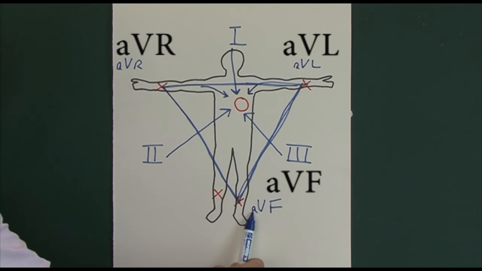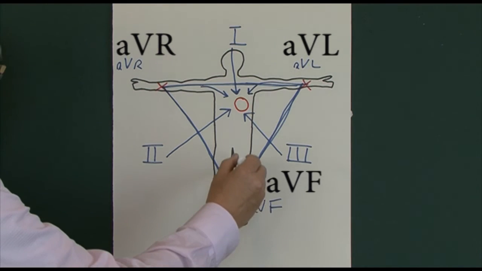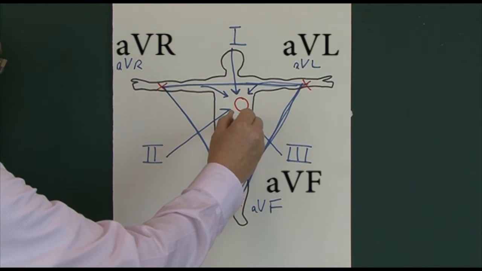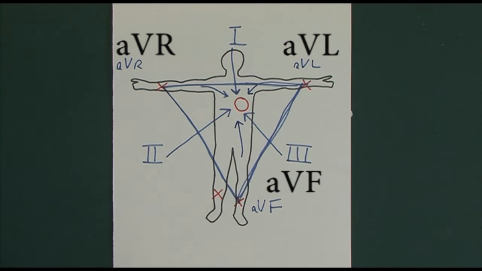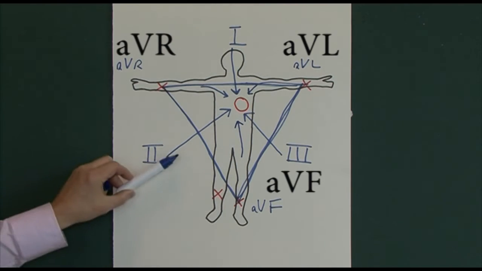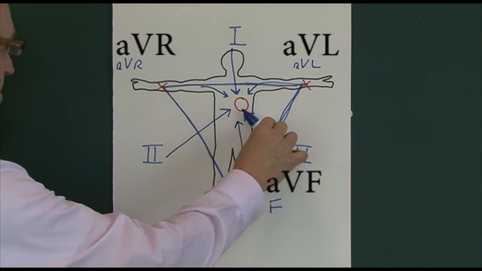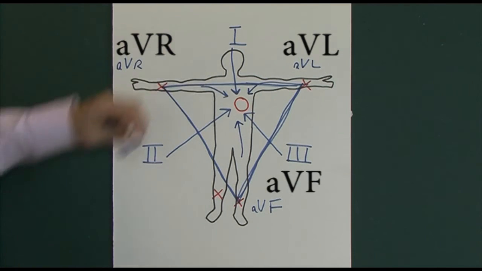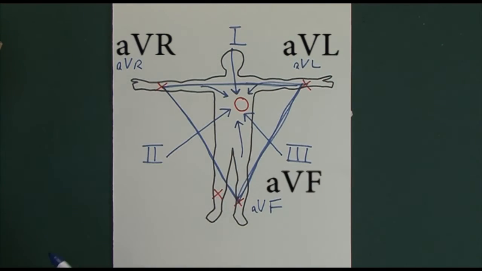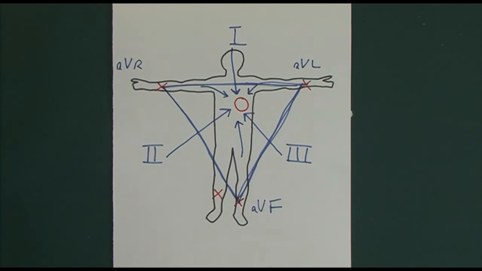That stands for augmented voltage foot. Again, it's a unipolar electrode, and that's looking at the heart from this direction. So you can see we've now got 6 views of the heart. We're looking at it from 1, from 2, from 3, from AVR, from AVL, and from AVF. We've now got 6 views to give us anatomical positional information of what's going on.